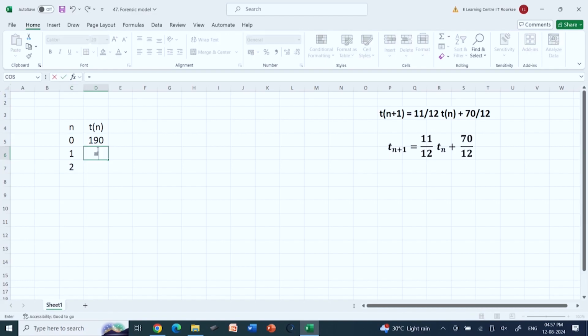This is equal to 11 divided by 12, I put it in a bracket, and this is multiplied by T0, 190, plus 70 divided by 12.